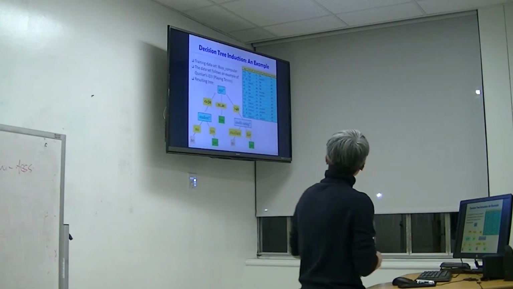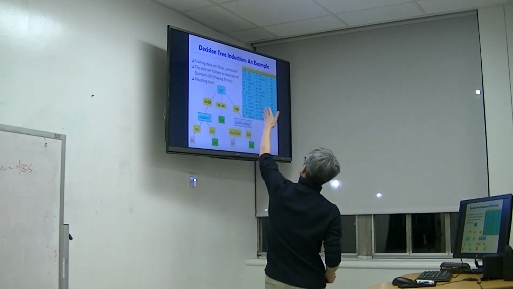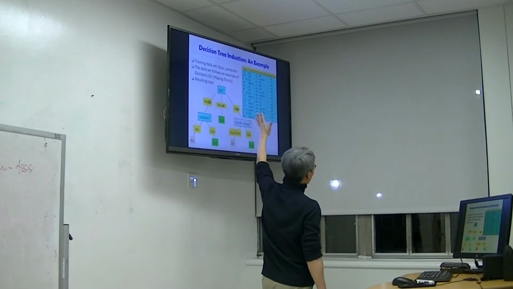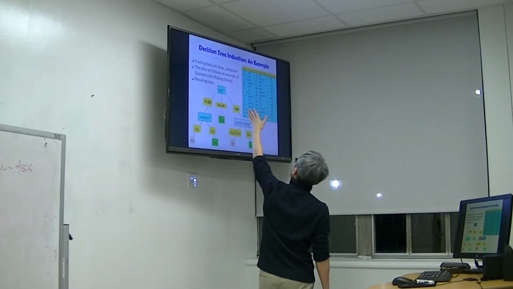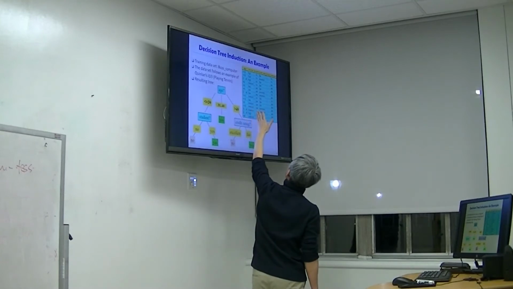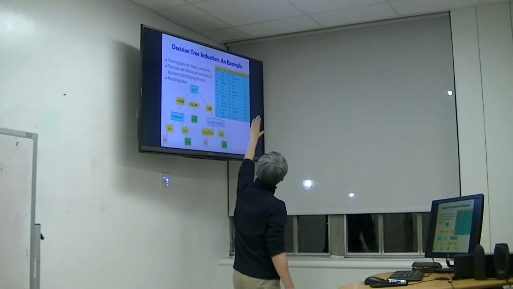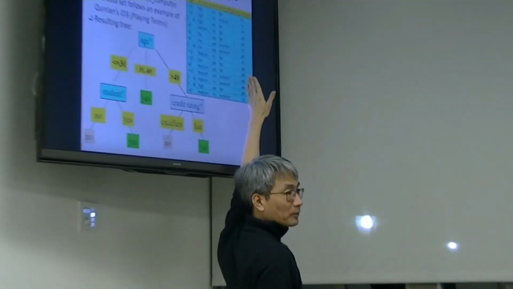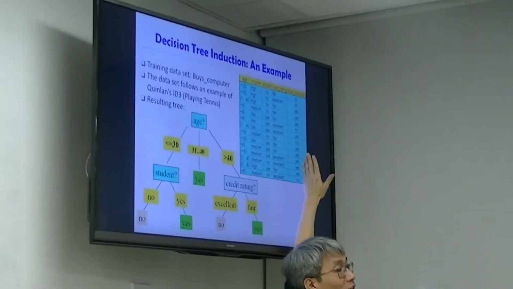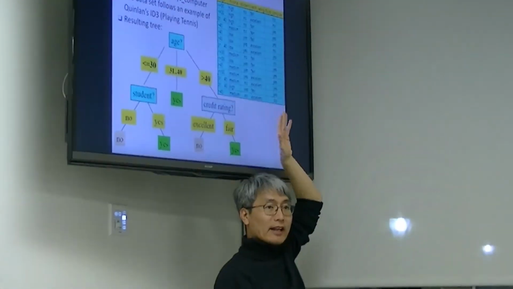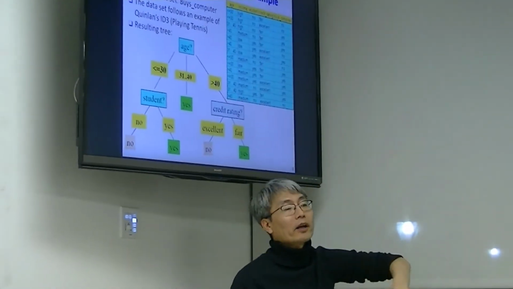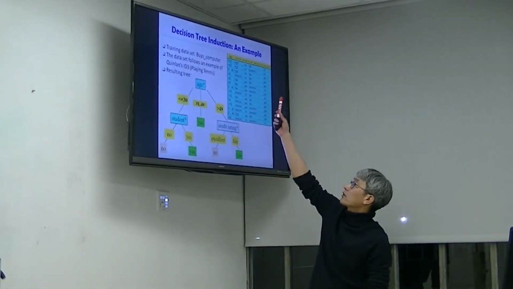They have a number of data items and features. Each data item has age, income, student, and credit rating. This is the labeled class. We try to predict this class label, whether buy or not. So we have such data.